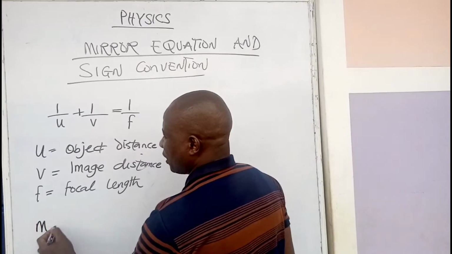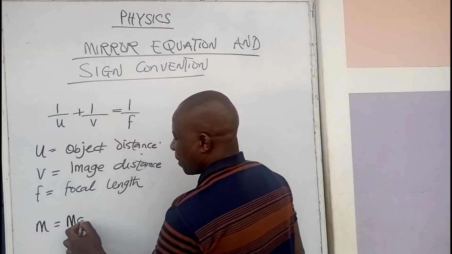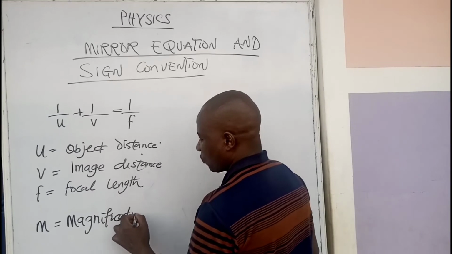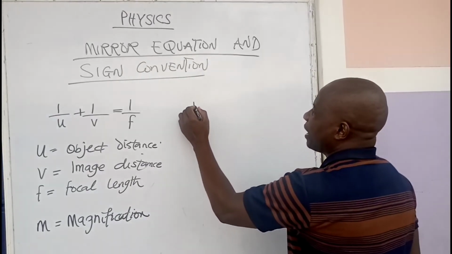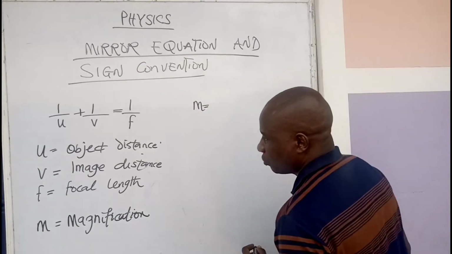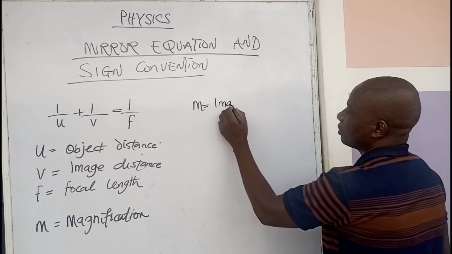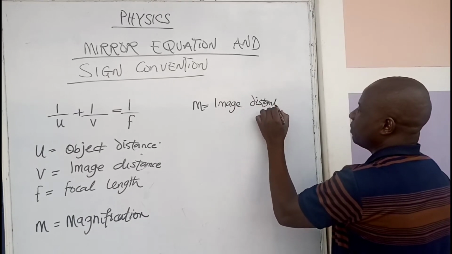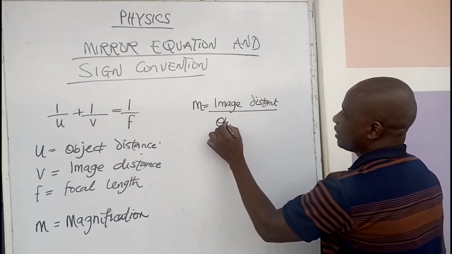So magnification is represented by m. Our magnification, m, is equal to image distance all over object distance.